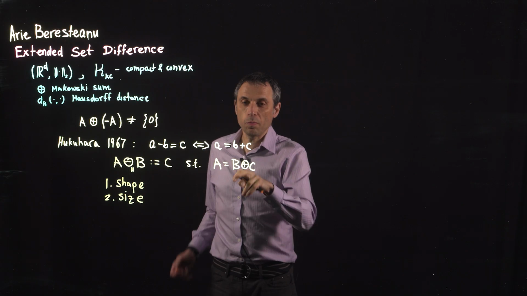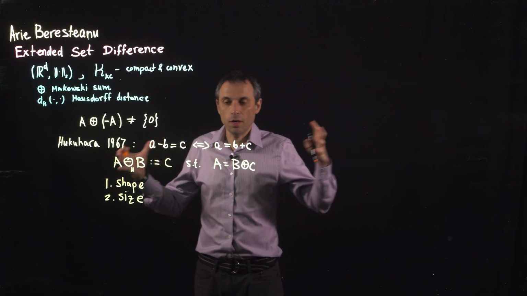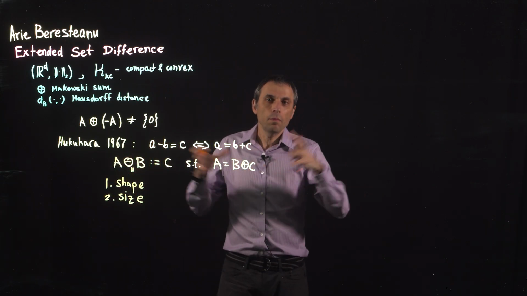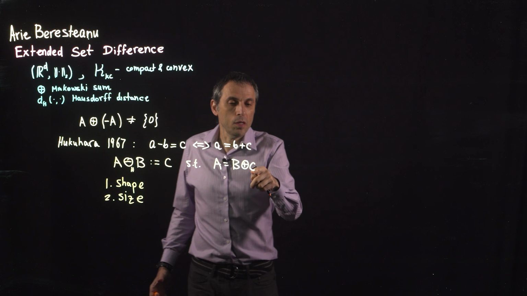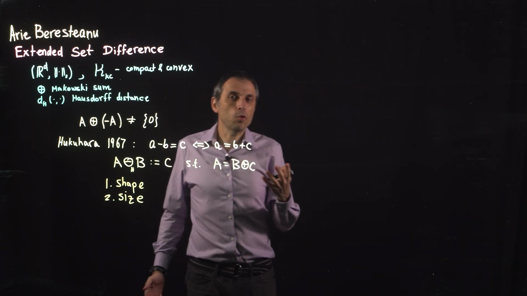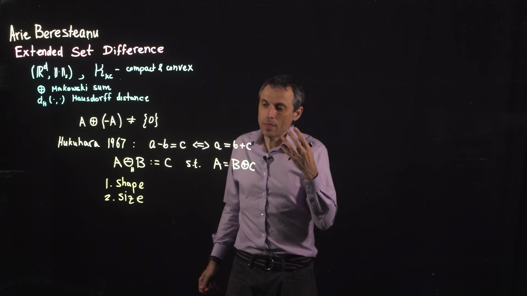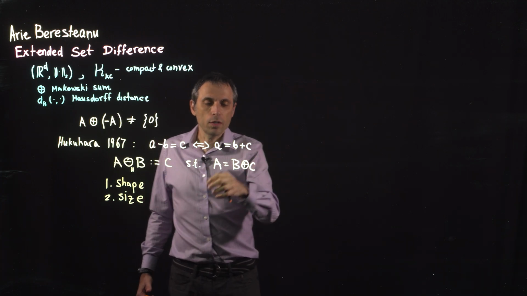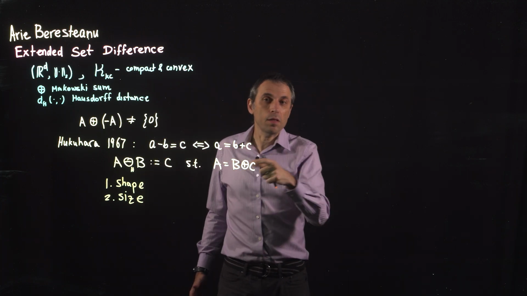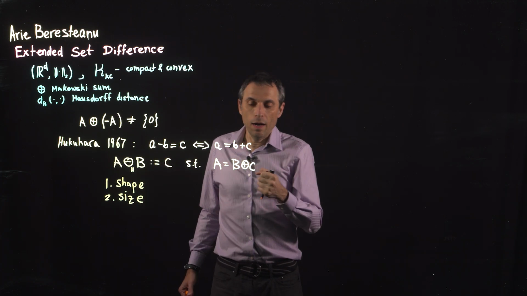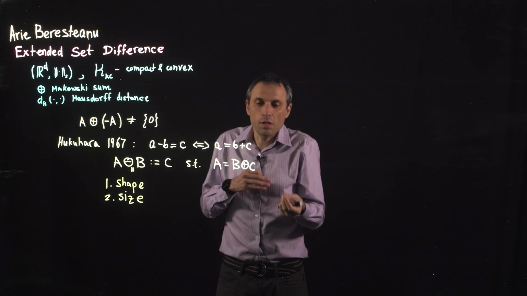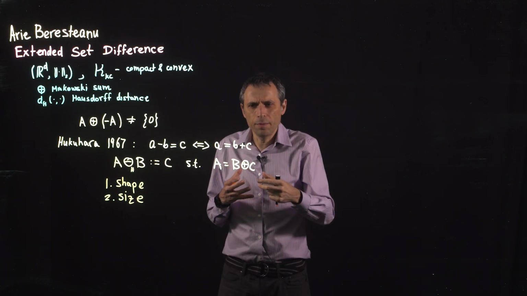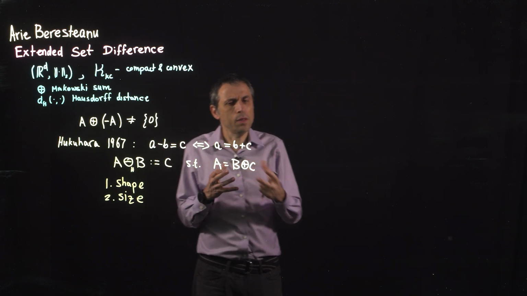Suppose B is a bigger set. I'm talking about size first. If you add something to it, it's never going to be equal to A. The second problem is shape. If B is a square and A is a circle, there is nothing that you can add to the square that will make it a circle.